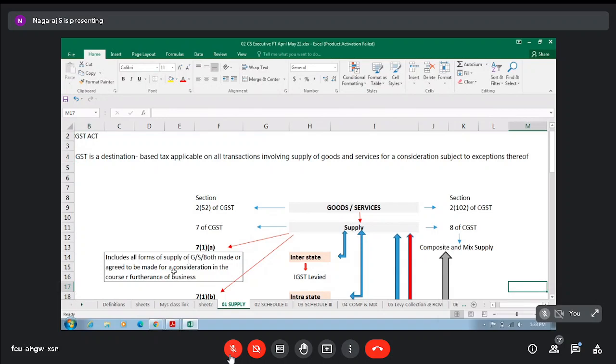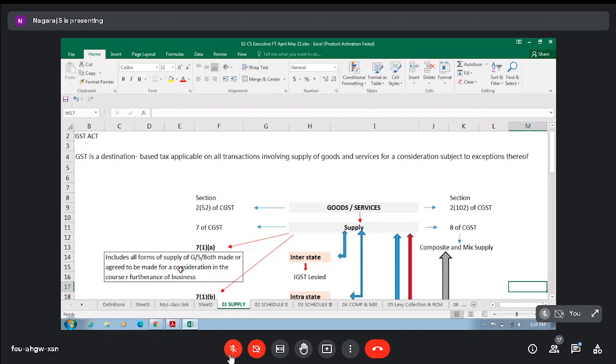Okay, in this definition, please note that there should be consideration. Then the question comes, what is consideration? Anything you pay in return, it is called as consideration.